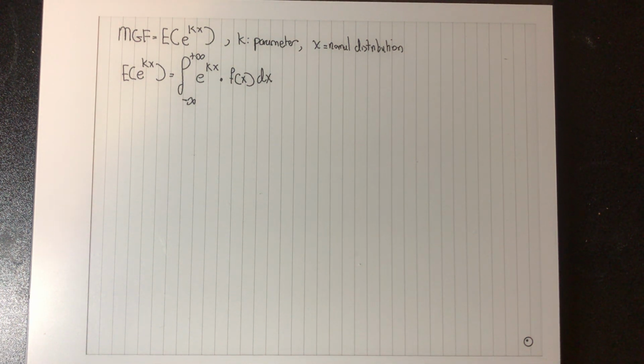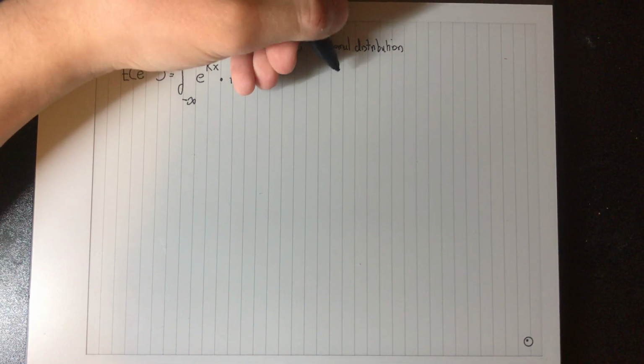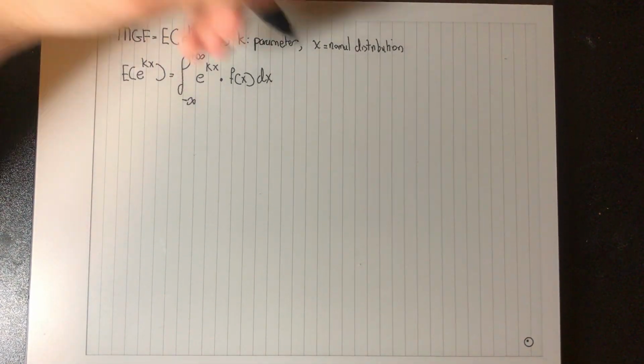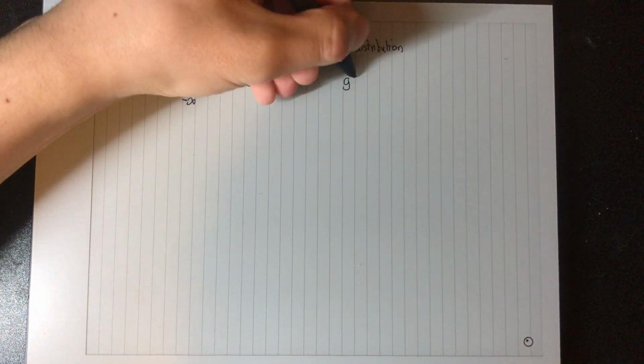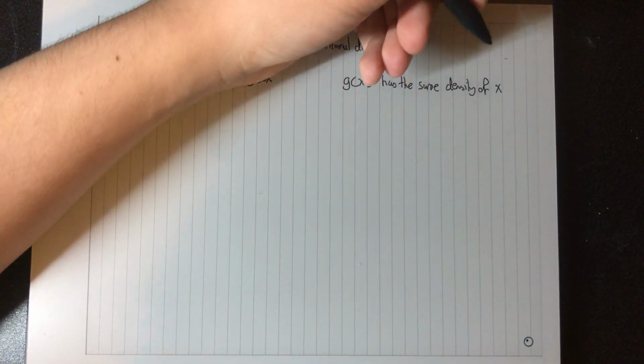The LOTUS, or law of the unconscious statistician, basically states that a transformation of the variable, which in this case is x, so let's assume the transformation is g of x, has the same density of x.